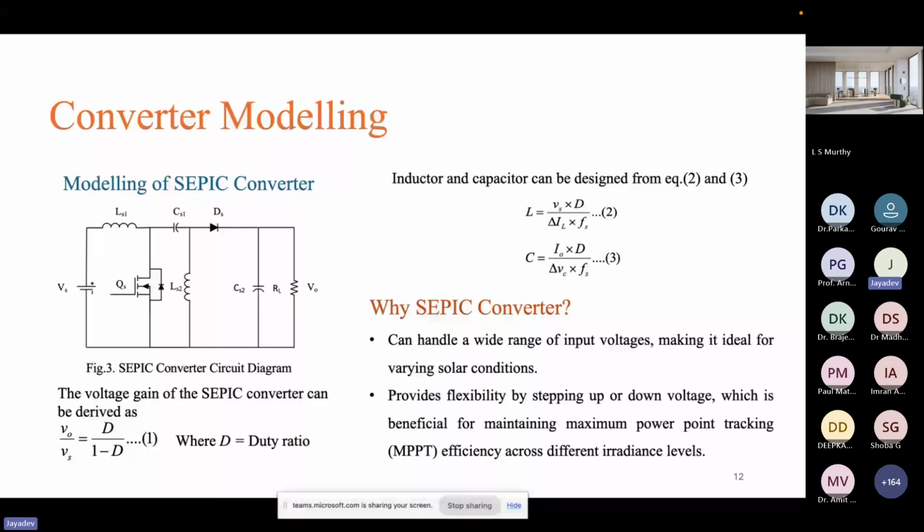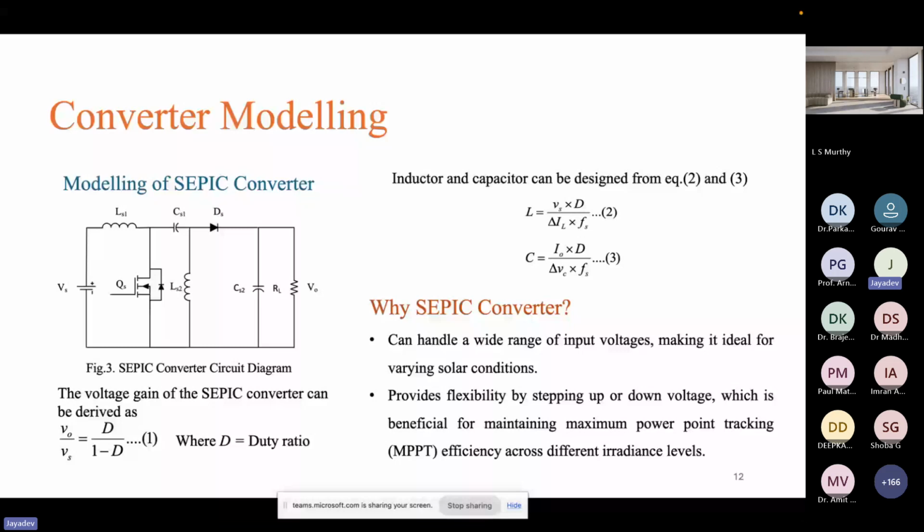For the safer side, in design and in hardware also, we choose around 20% of the average current, and we decide the del IL value and the D value. D is also fixed once your input and output voltage are fixed. So you can find the L value. That L will be your minimum inductance so that your converter will operate in continuous conduction mode. So you need to take more than that inductance value.